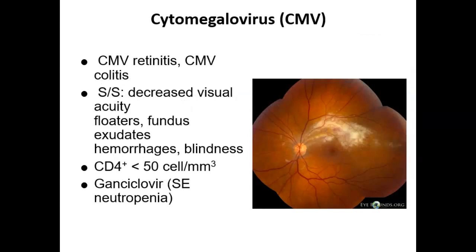Cytomegalovirus, CMV, causes retinitis, colitis. Retinitis is the most common opportunistic ocular infection and the leading cause of visual loss in AIDS patients. It represents about 90% of all infectious retinitis in that patient population. It results from reactivation of a latent CMV infection.